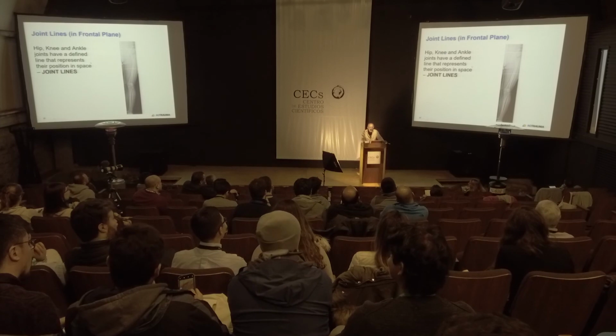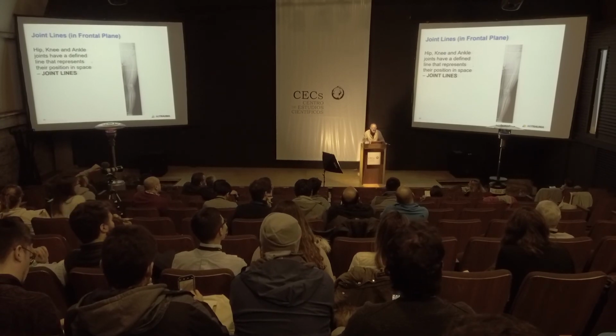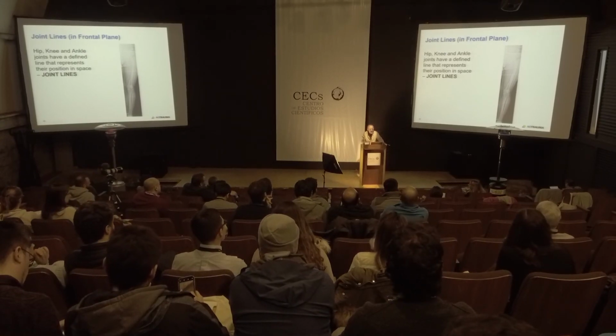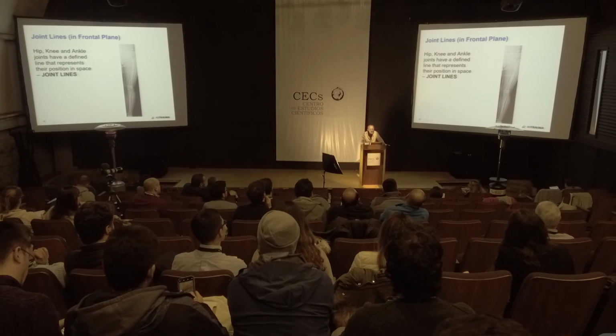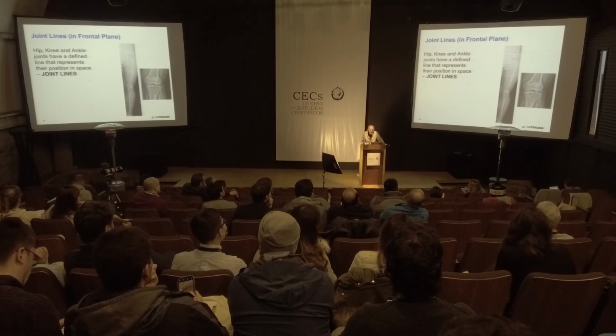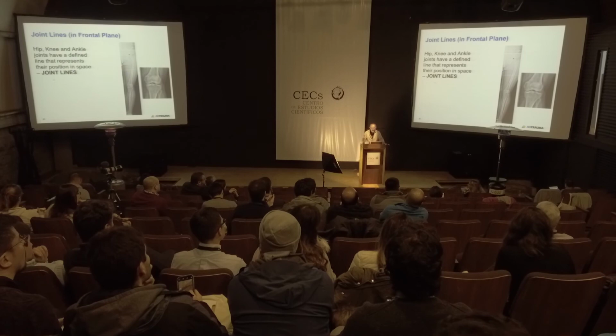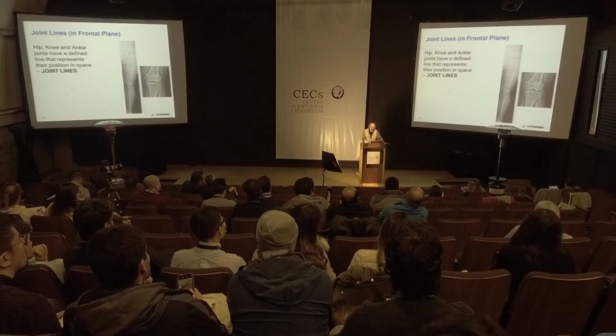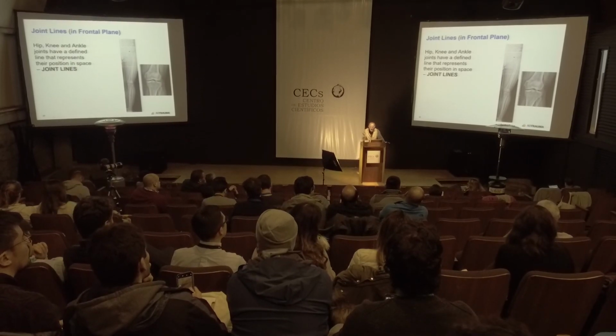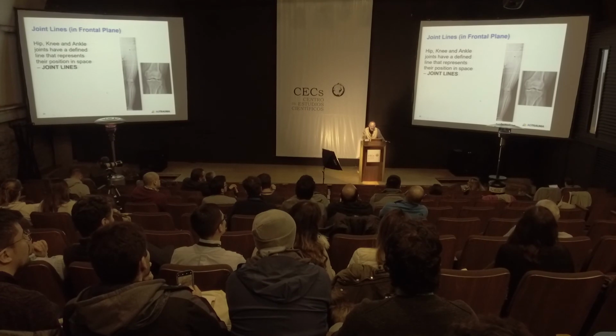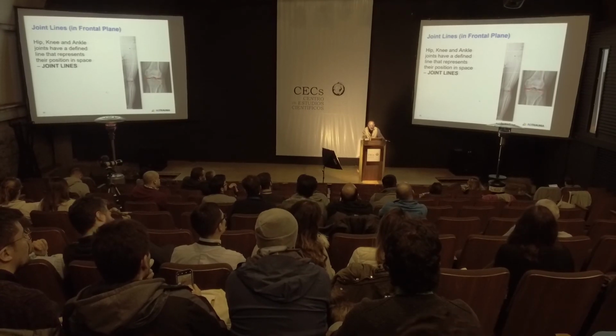Joint lines. We have to see the joint lines, especially for the knee. The hip and the ankle, as I mentioned before, are not so important. Okay, so therefore it's important to look at the knee. In the knee, we can take these points, as you can see here, and then we make our joint lines. And these joint lines must be parallel, in principle.